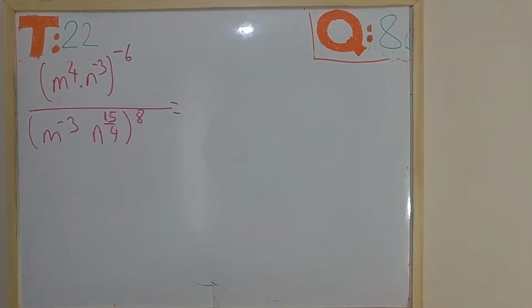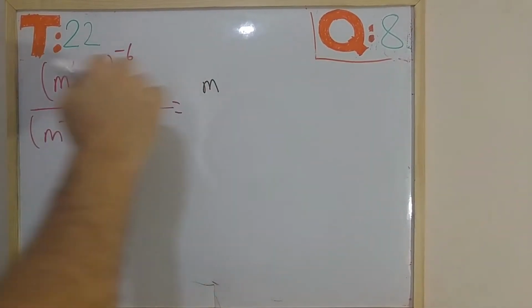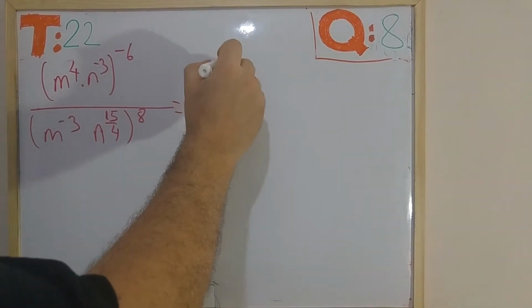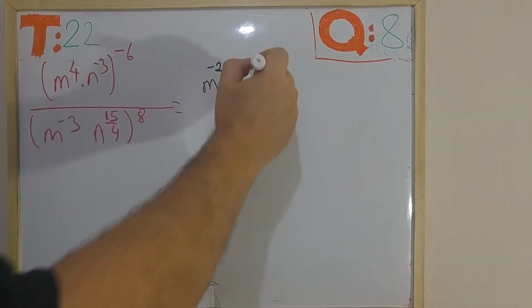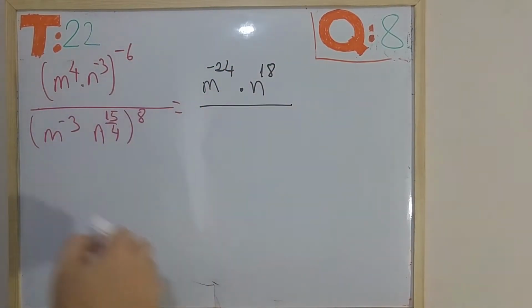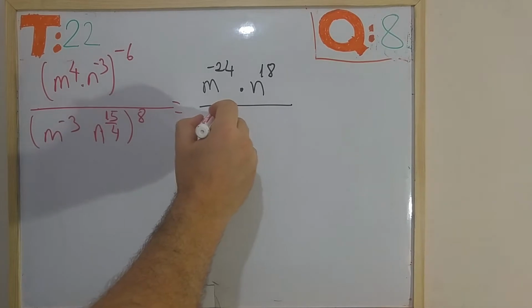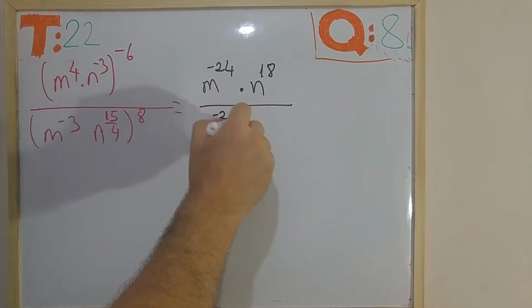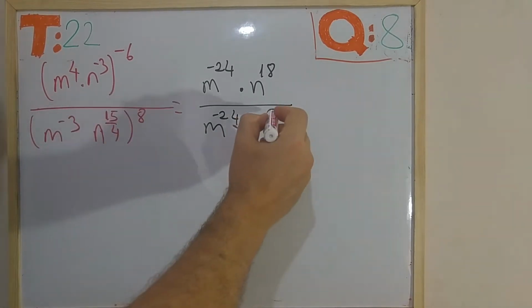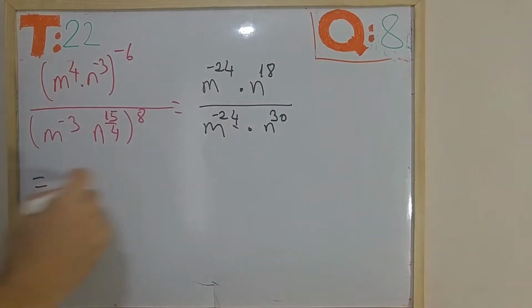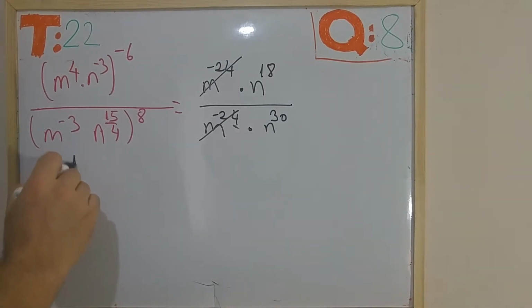It's not as complicated as it looks. Let's just do it. That's going to be equal to m to the 4 times minus 6, which is equal to minus 24, times n to the minus 3 times minus 6, 18, divided by m to the minus 3 times 8 is equal to minus 24, times n to the 15 over 4 times 8, which is equal to 30, m's will cancel out each other, and it's going to be equal to n to the power 18.